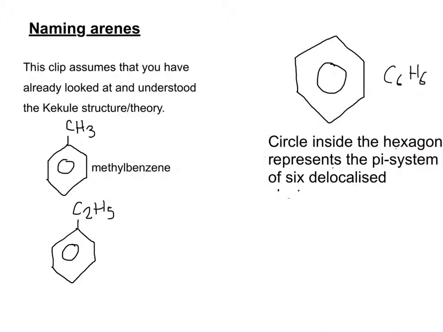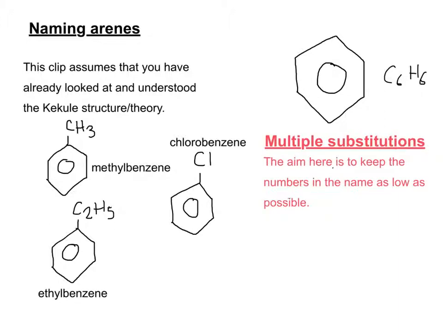No surprises for guessing that would be ethyl benzene. So if you were to now take a benzene ring and maybe put a chlorine onto it, that would obviously now be chlorobenzene.